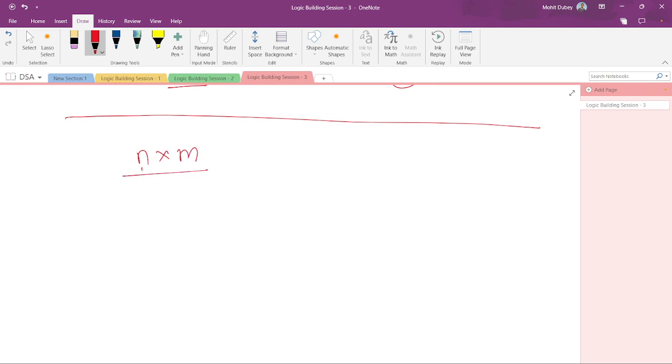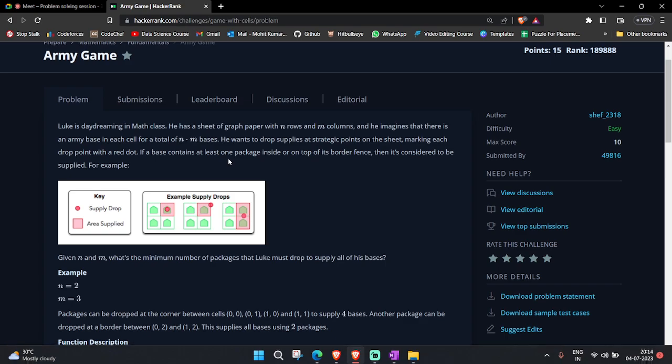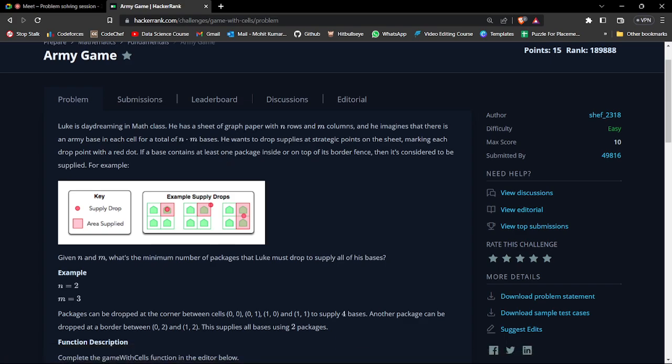This n cross m is nothing but this is row, and this m is column. So if he is having n cross m, let's just move to the question. उसके पास एक graph paper है of n rows and m columns, and he imagines that there is an army base in each cell for a total of n cross m.